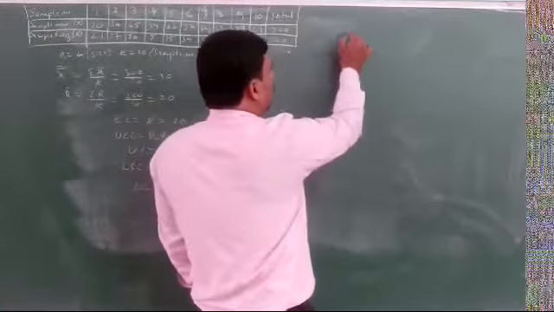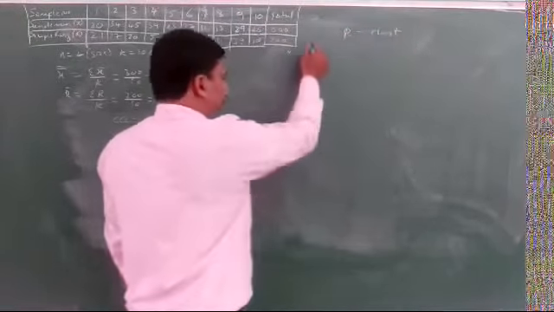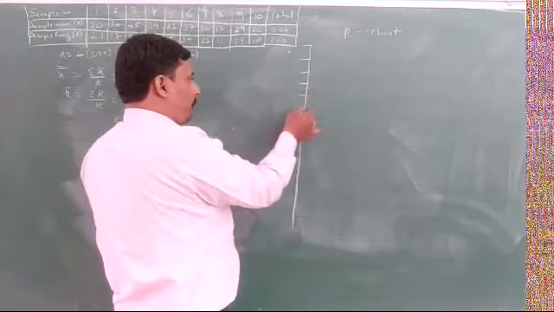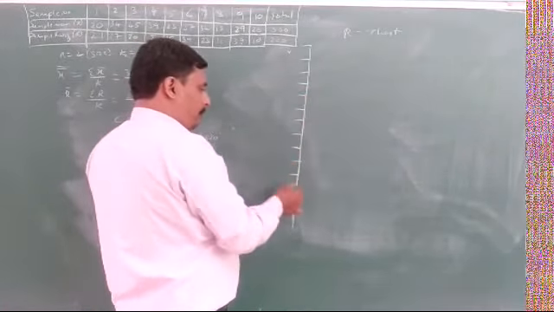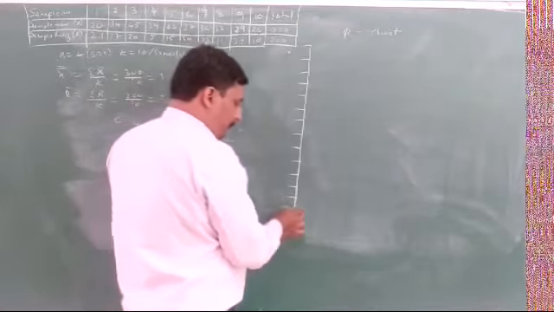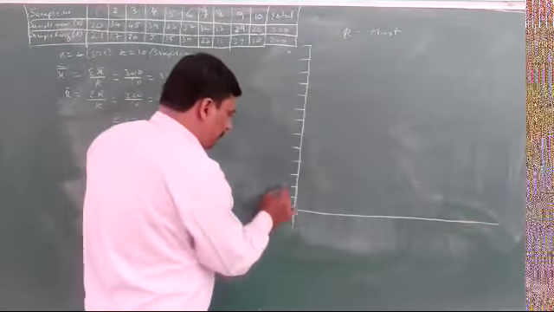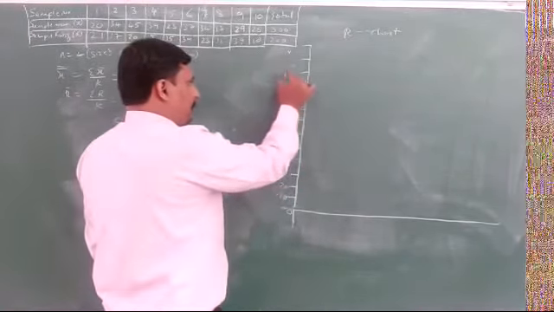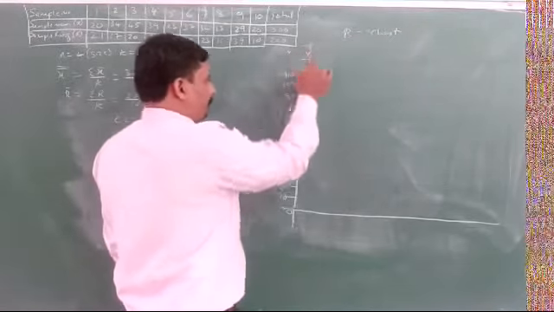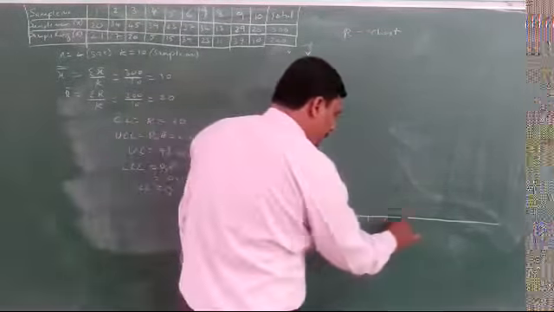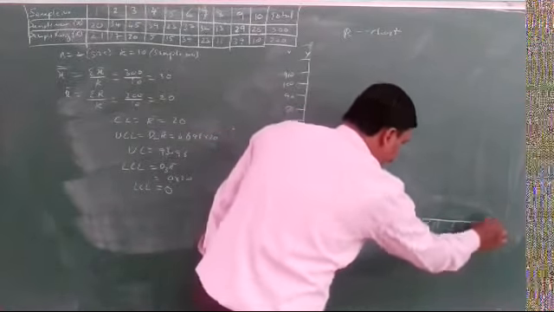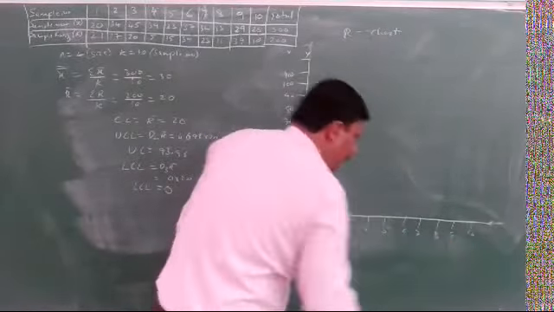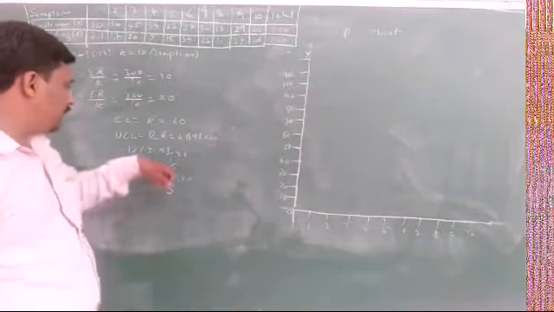So now the R chart. Here the upper control limit is 93.96.